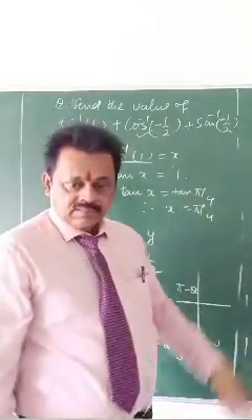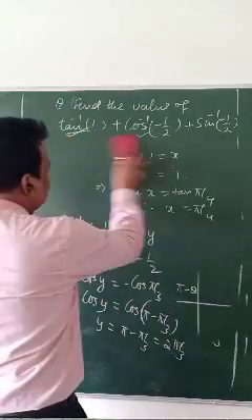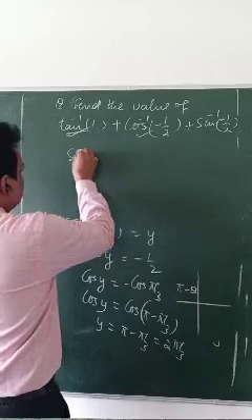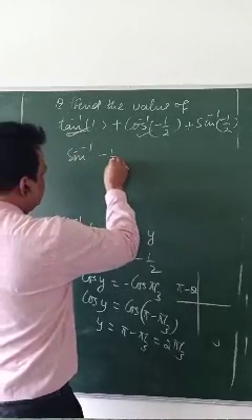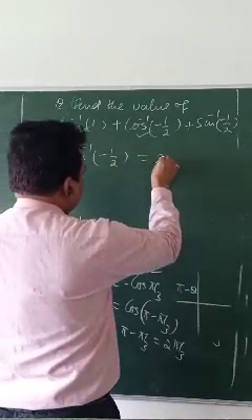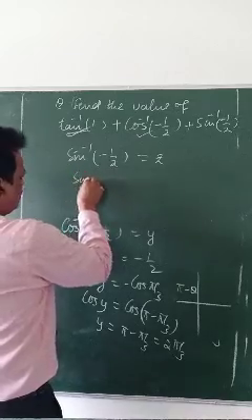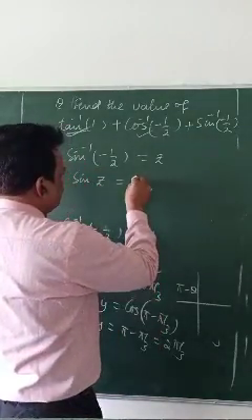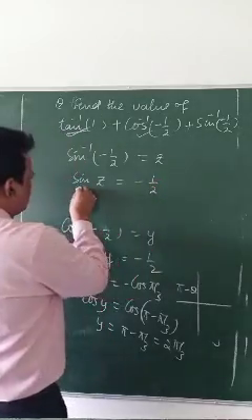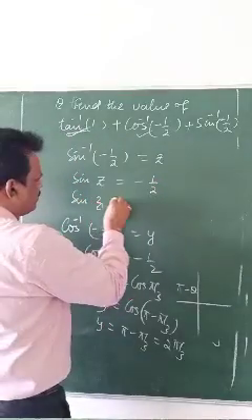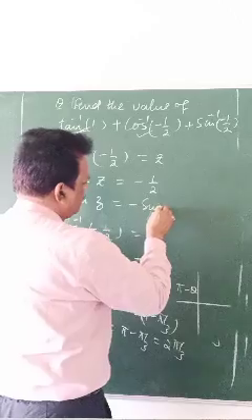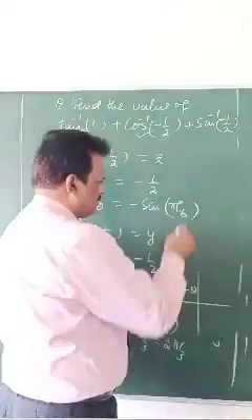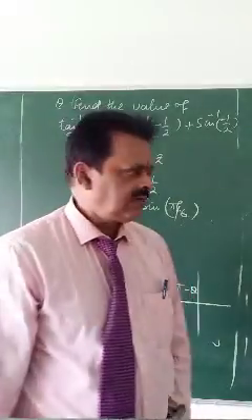Same method. Sin inverse minus half equals z, suppose. So sin z equals minus half, sin z equals minus sin 30 degree.